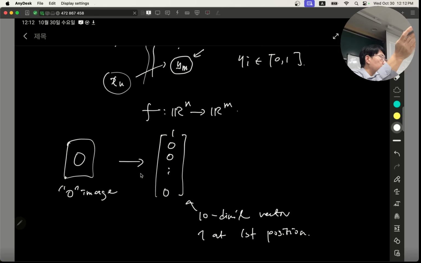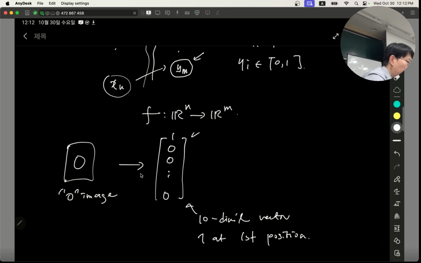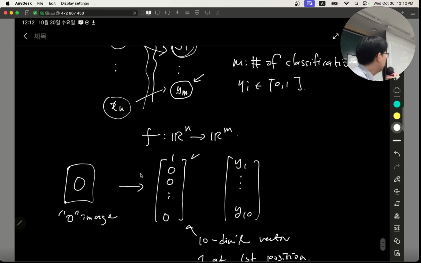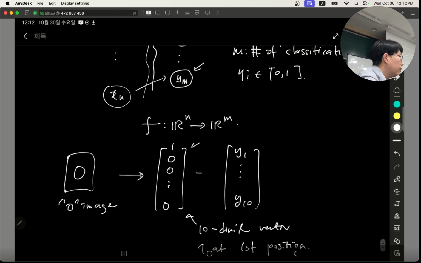So all the labels are coded into one-hot vectors, and then you can compare the difference between this one-hot vector, the answer sheet, with the result y1 to y10. How? You take the difference of these two and then take the square sum over the coordinates. You want to minimize the square sum.